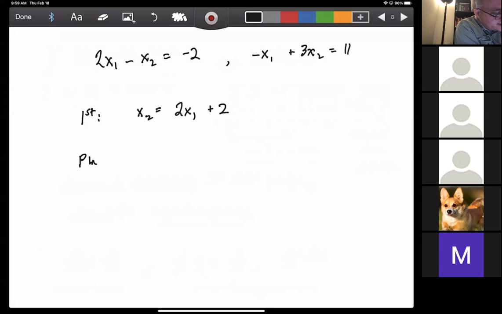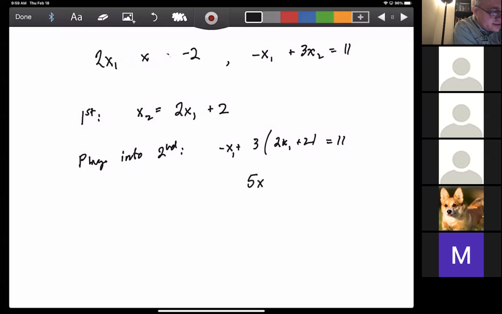We can plug this into the second. So negative x1 plus 3 times x2 is going to be 11. Oops, and this was x1, sorry. So that's 6x1 minus x1, that's 5x1 plus 6 is equal to 11. 5x1 is equal to 5, or x1 is equal to 1.